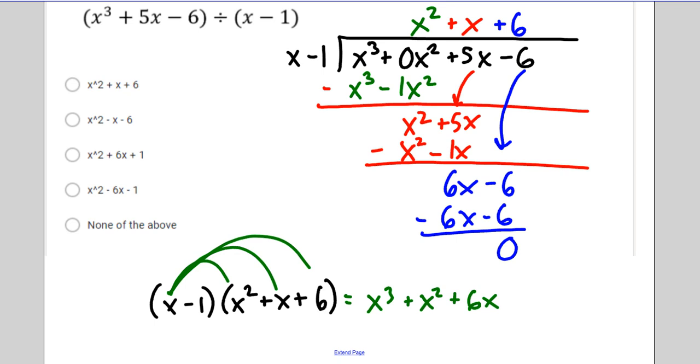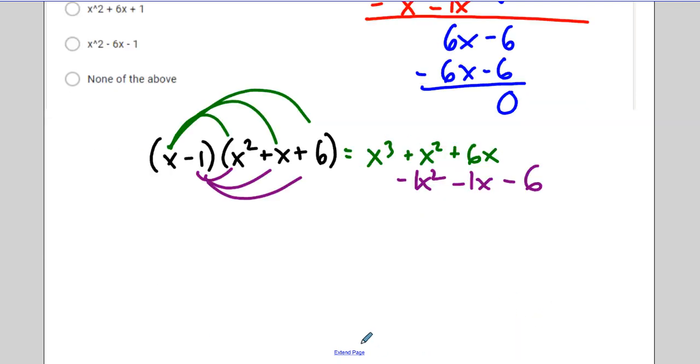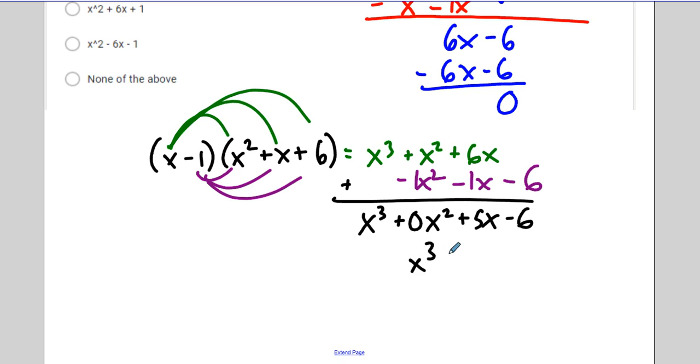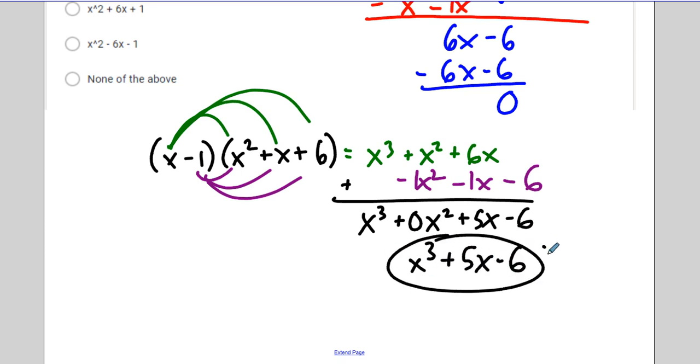Then I'm going to distribute this minus 1x squared minus 1x minus 6. Combine my like terms. I get x cubed plus 0x squared plus 5x minus 6, and that's x cubed plus 5x minus 6. So it checks out.